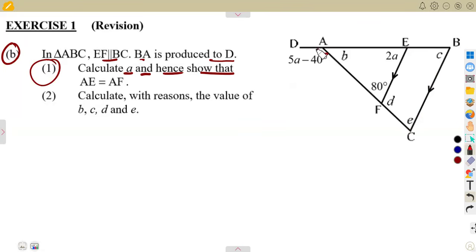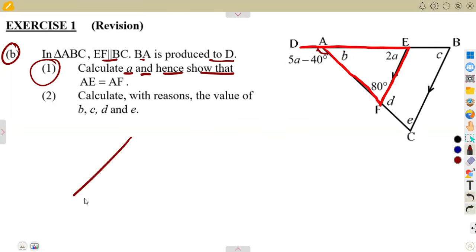If this is an exterior angle, I want you to consider this triangle here, AFE. There is an angle of 2A, there is an angle of 80, there is 5A minus 40. This angle, 5A minus 40, is the exterior angle of the triangle.